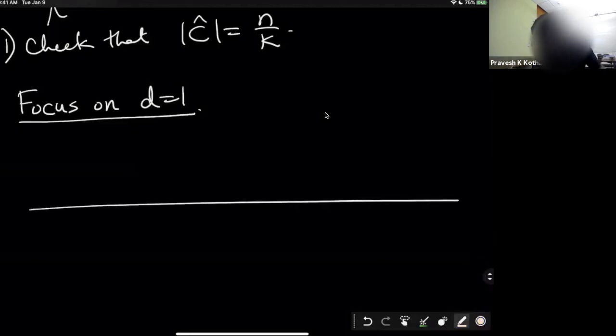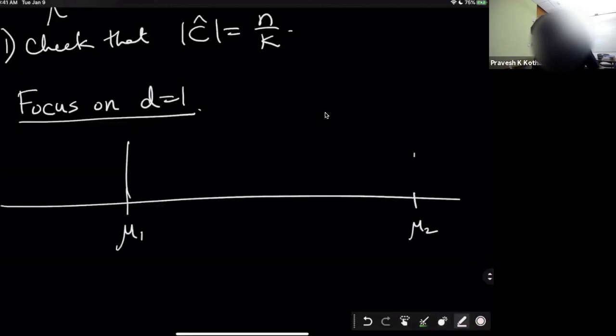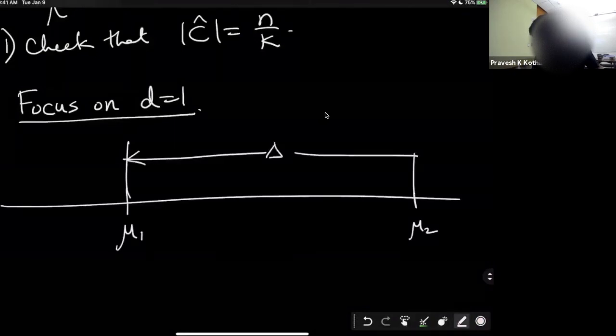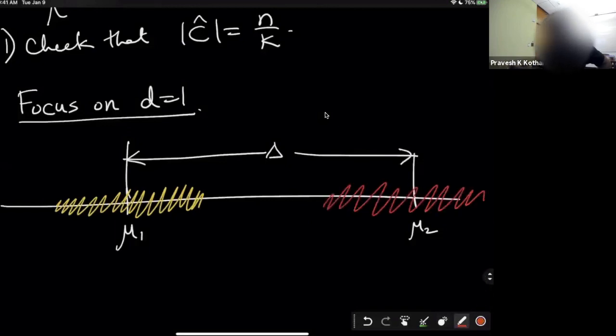We have these lines, we have mu1, mu2, and we know that the gap between them is some large number delta. And if delta is large enough, we know that these points look like this: some points from the first cluster here, and some points from the second cluster here. Of course, some points can deviate, but this is roughly how the picture looks, right?